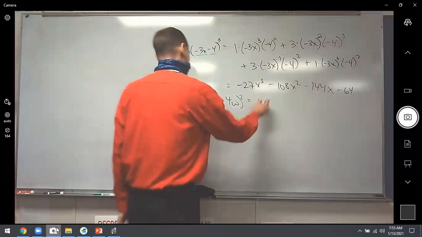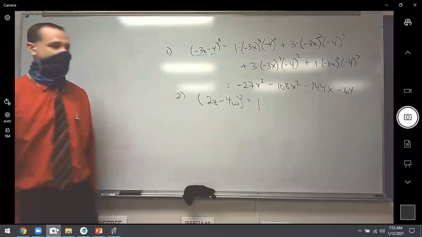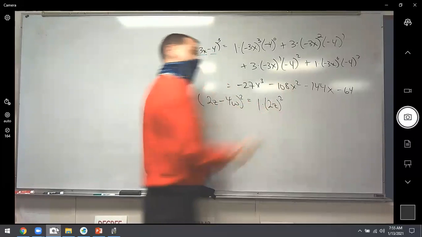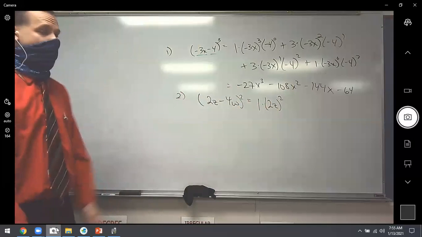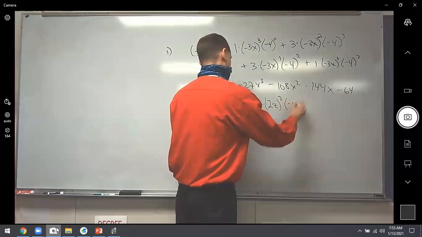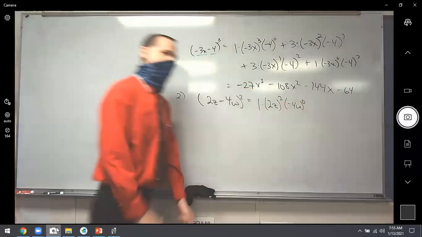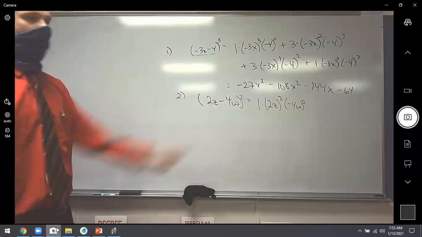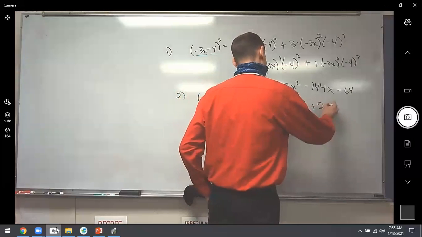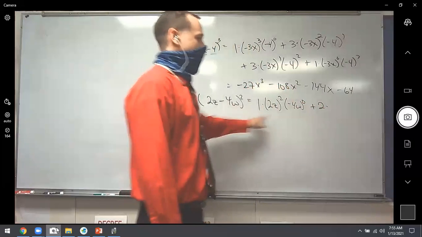So here we go, 1 times, and the first quantity is a 2z, so we'll have that one start high at the second power. The other quantity is a negative 4w, so negative 4w will start off being raised to the 0. Going down the line, 1, 2, 1 is the pattern in this triangle, so the next number is a 2.